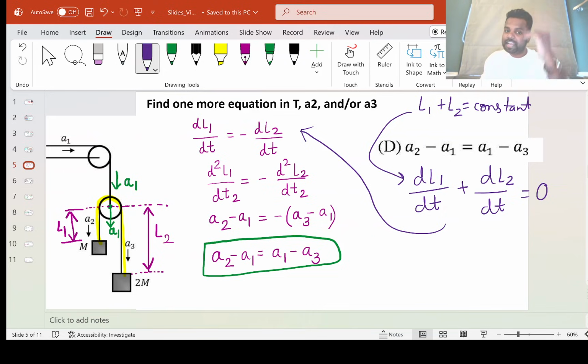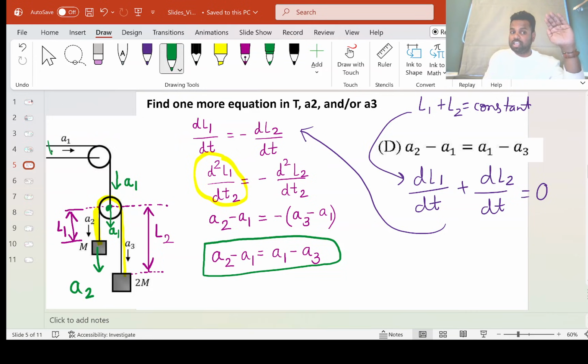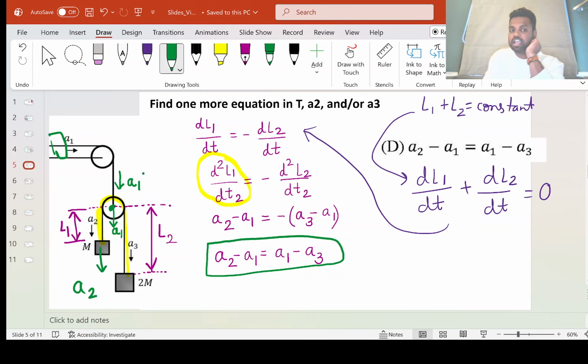And you take the second derivative. What is d2L1 by dt2? That is the rate of acceleration of expanding this side, right? Remember, this block has acceleration a2, and this pulley is going down with acceleration a1, which is the acceleration of this block here. So a1 is x double dot, remember that.